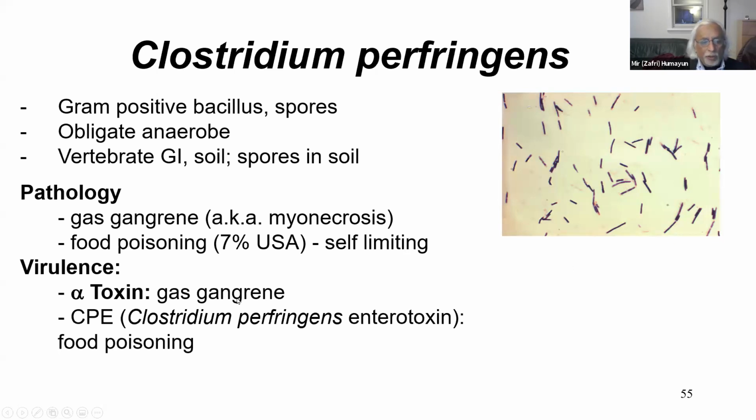The virulence of this species is because of two different toxins: alpha toxin, which is responsible for gas gangrene, and Clostridium perfringens enterotoxin, which is responsible for food poisoning. Neither of these is an AB toxin. Both are actually membrane-disrupting toxins, but they work by two different mechanisms, as we will see.